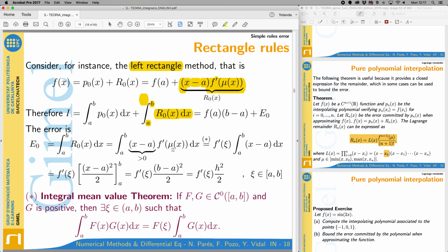Now, here we will use a theorem at this step, called the integral mean value theorem.